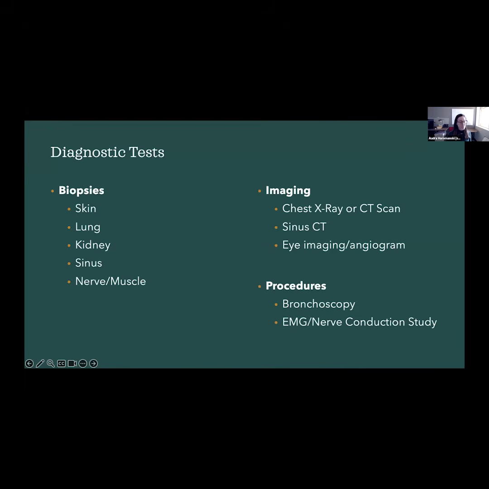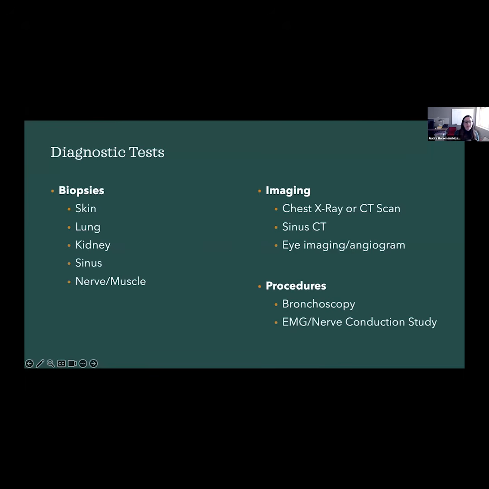Imaging is also very helpful in diagnosing GPA. Sometimes we'll start with a chest x-ray, but frequently a CT scan of the chest is a little more helpful in looking at the different types of inflammation that could be present. Sometimes we'll see things like nodules with GPA, but sometimes we'll see what's called ground glass opacities, which is just a fuzzy appearance on the CT scan that can be due to inflammation or even bleeding into the lungs.